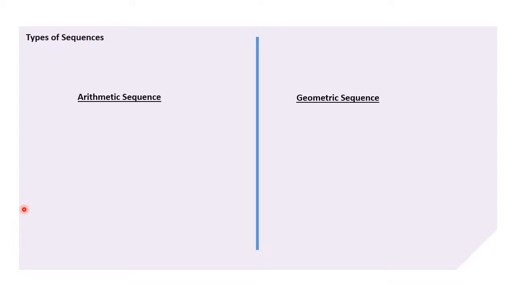Now, an arithmetic sequence is different from a geometric sequence in that an arithmetic sequence is a sequence in which consecutive numbers have what we call a common difference, and the common difference is represented by a small letter d, or lowercase letter d.